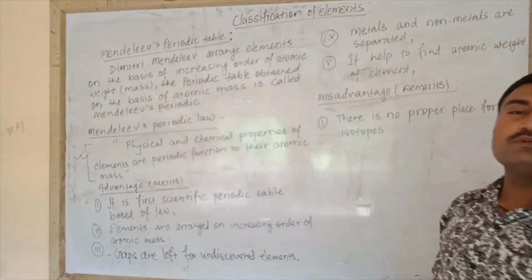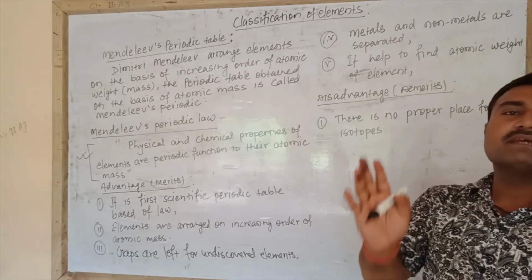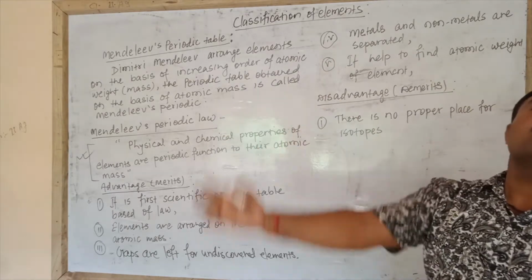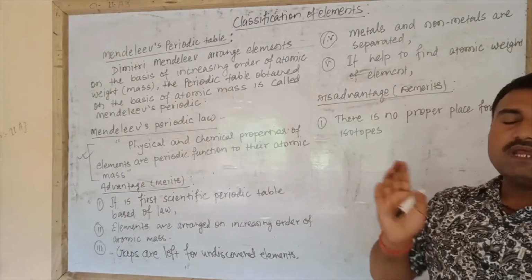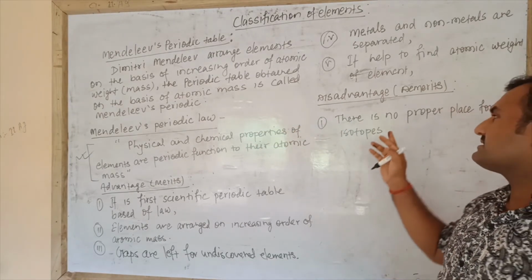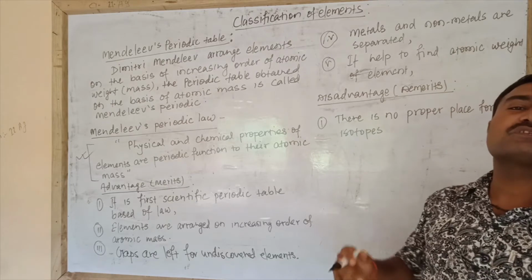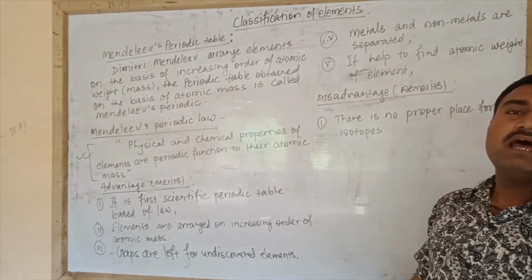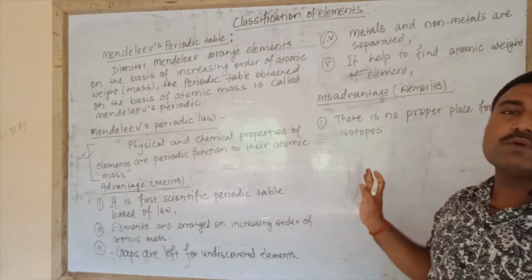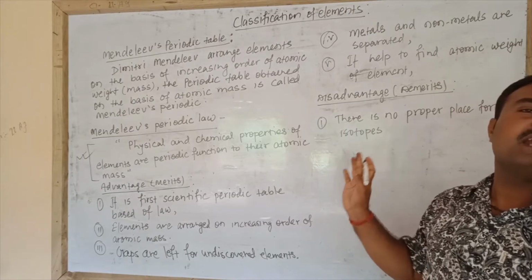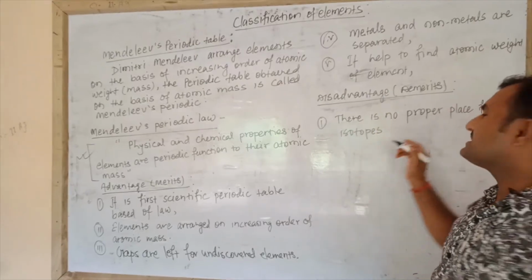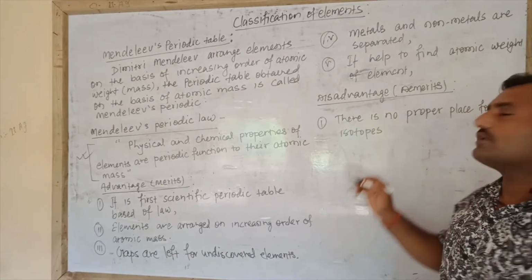Isotopes means, as we know, elements having the same atomic number but different atomic mass. When elements are arranged in increasing order of atomic mass, every isotope needs a different position, but proper places for isotopes are not given.